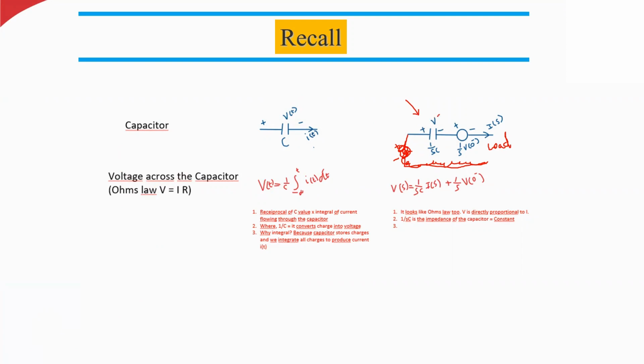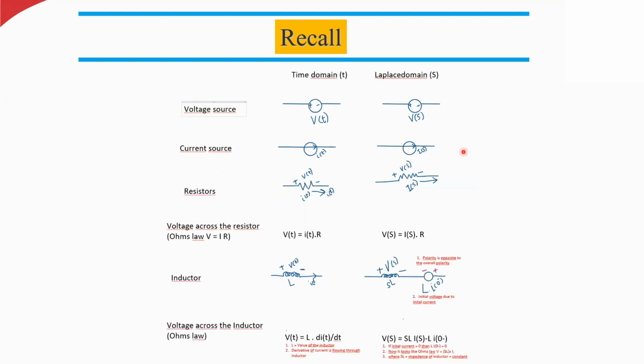Yes, this is capital V(S). That is how you have to write. And the constant value is 1 divided by SC. And the initial source, the polarity is the same as the capacitor, but for the inductor, remember, it is the opposite. For the inductor we have plus minus, but here the polarity for the initial source is minus and plus.